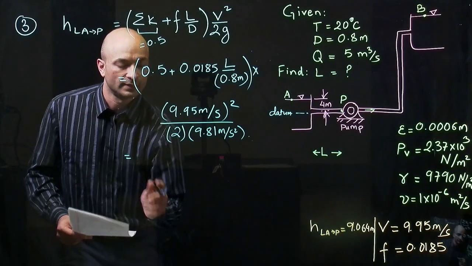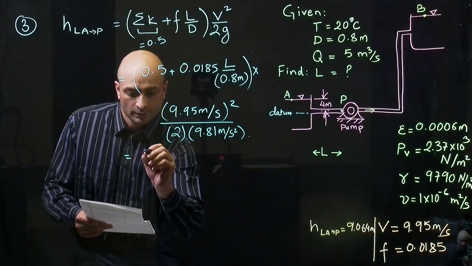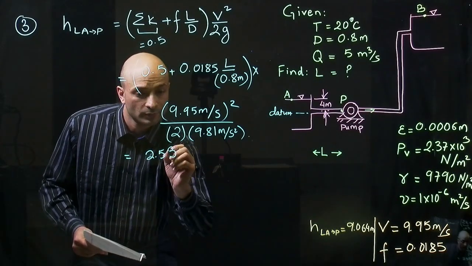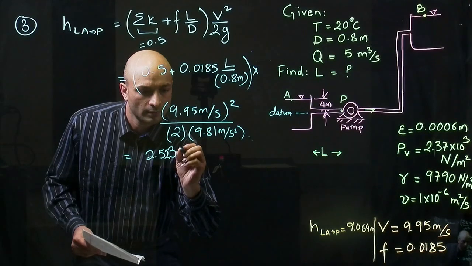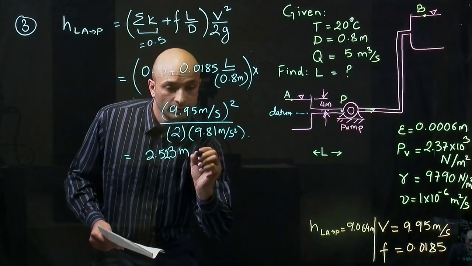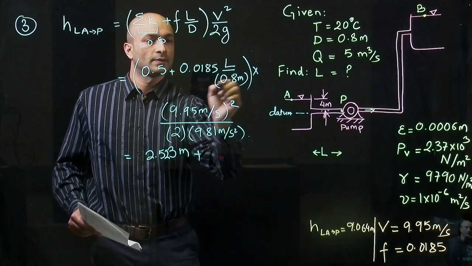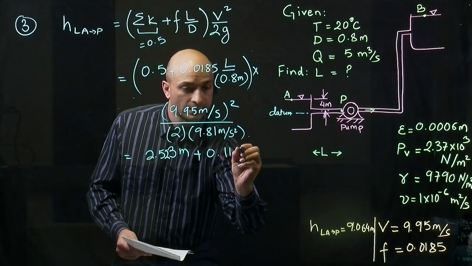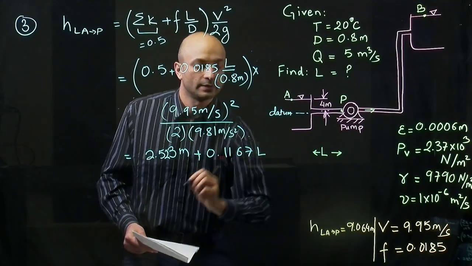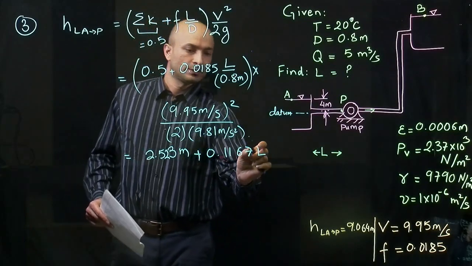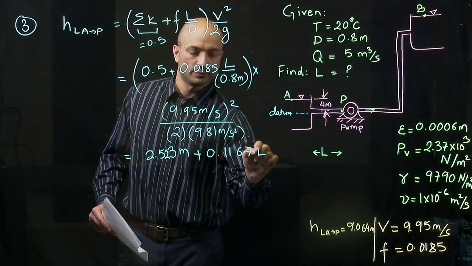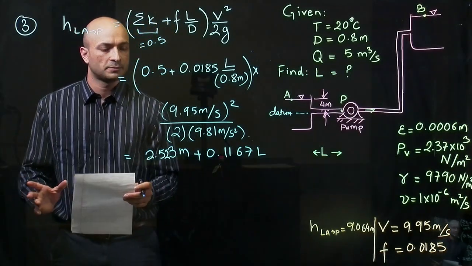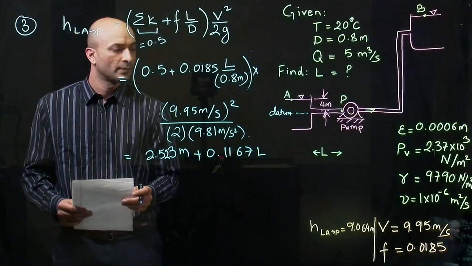You can simplify this to give you 2.53523 meter plus 0.1167 times the unknown length L. Just remember the unit meter is embedded within L. So with this we have an expression for the left hand side.